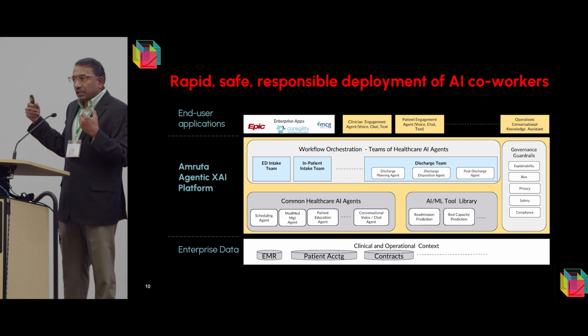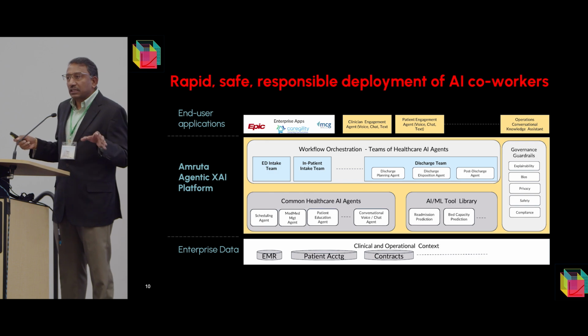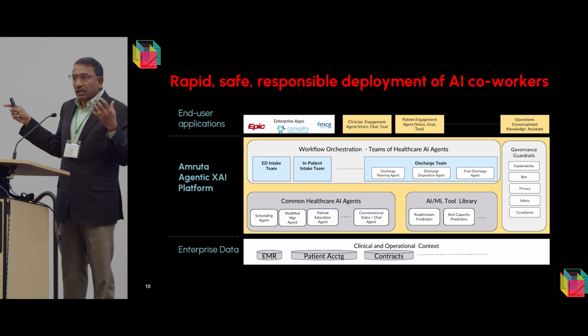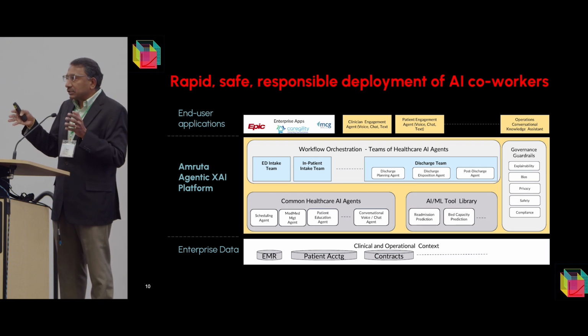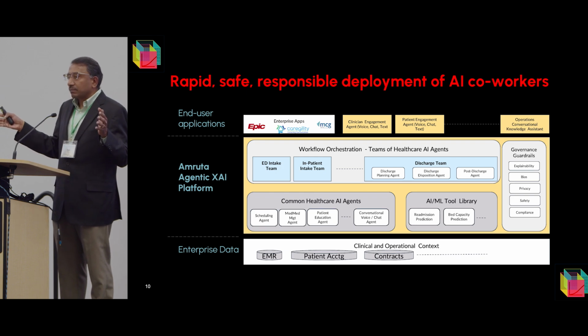More recently, we have started applying it to the healthcare industry, which is probably one of the most operationally complex industries. So we already have the AI ML tools, prediction, cognition, optimization, generative AI, all these tools. Now the question is, how do we embed those tools to integrate agents as co-workers into enterprise workflows?